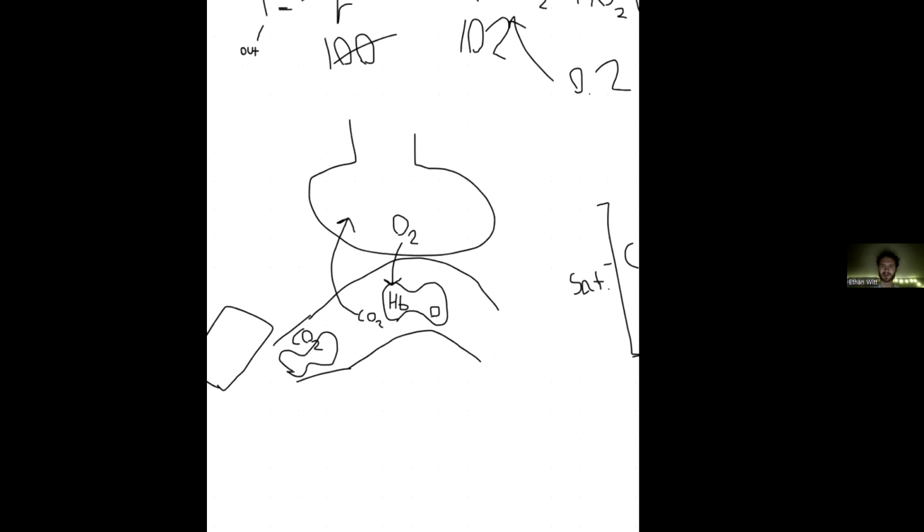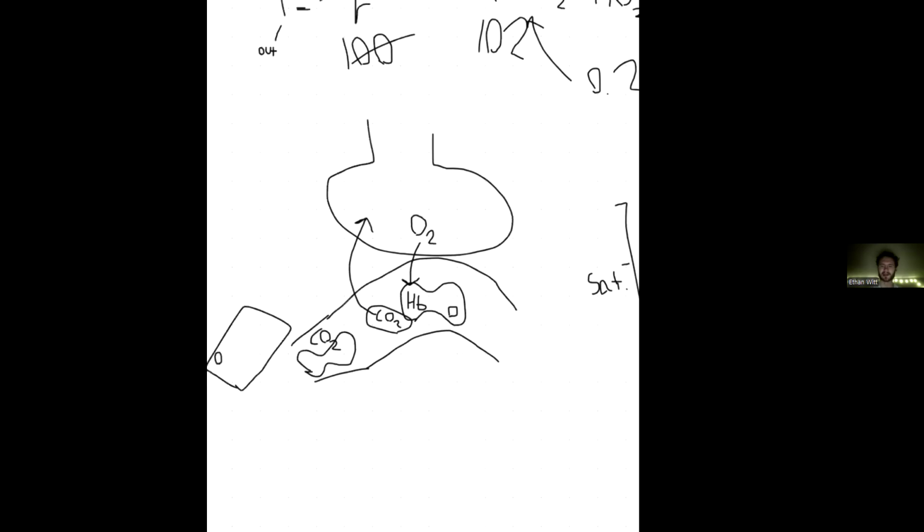So the more CO2 you have present in your red blood cells, the more protons are going to be produced, and the more your body's going to try to manage that high concentration of carbon dioxide by turning it into bicarb.